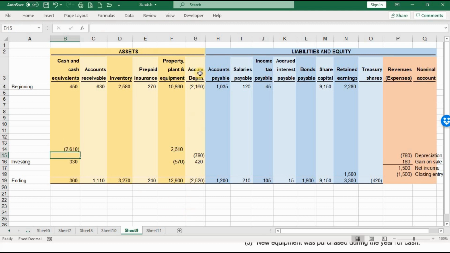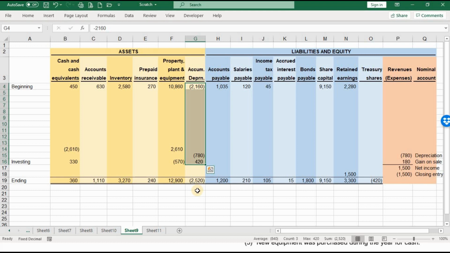Now, let's proceed to the accumulated depreciation column. So negative 2,160, negative 780, and 420 has a total of negative 2,520. And this is already the ending balance of the accumulated depreciation, which means there are no additional transactions affecting the accumulated depreciation during the year.